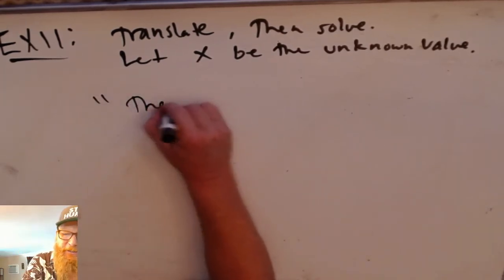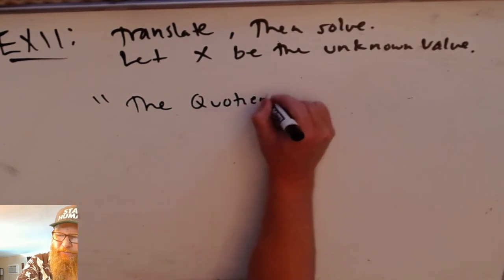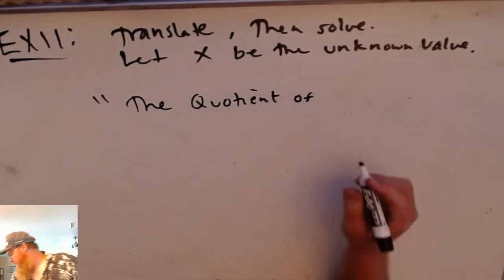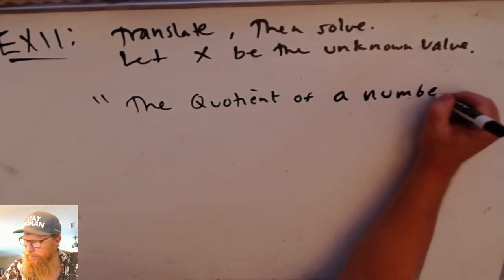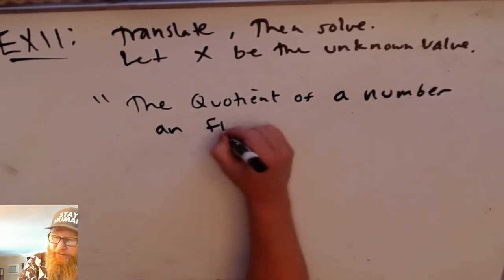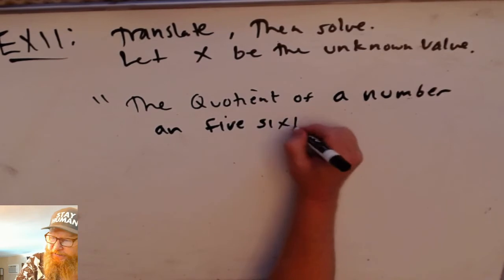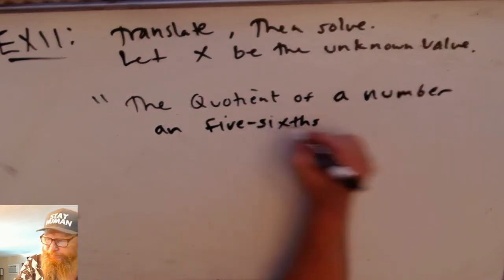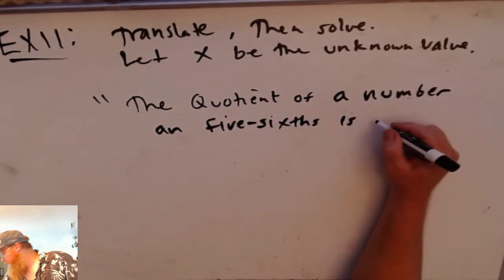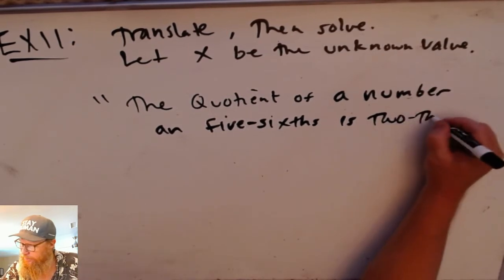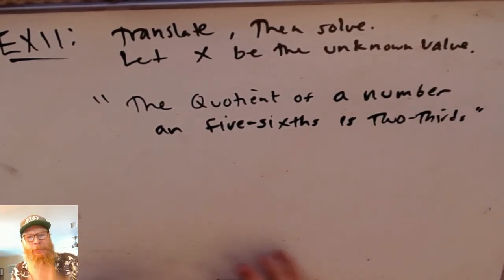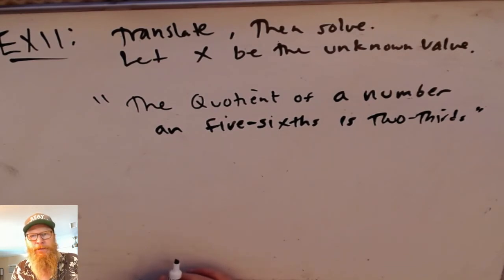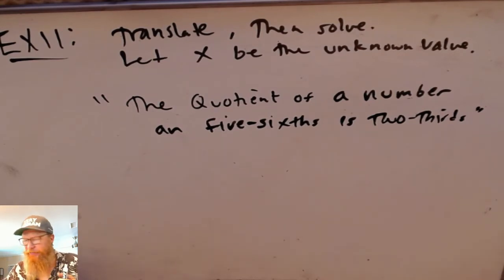The quotient of a number and 5/6 is 2/3. So let's translate that first.